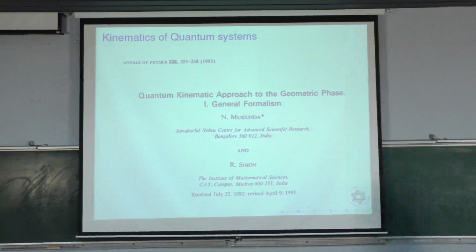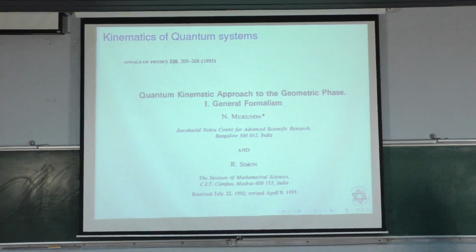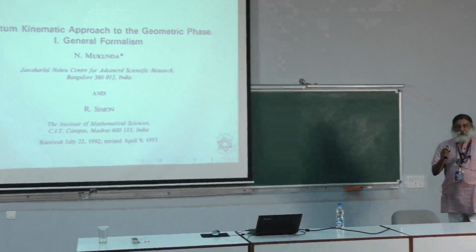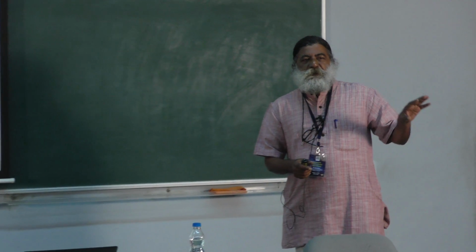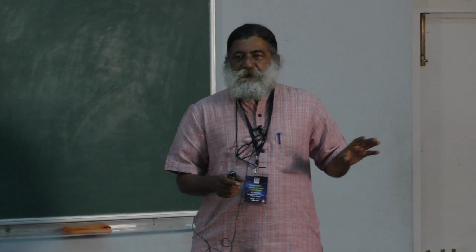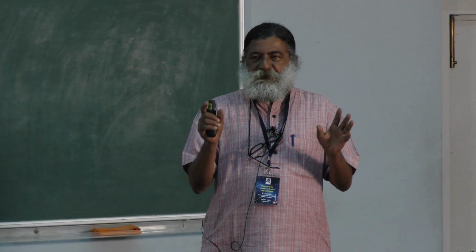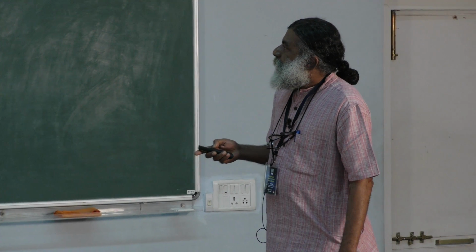According to me, when the dust settles, the most logically exposed paper is the one where they talk about this phase purely in terms of quantum kinematics. That has nothing to do with Hamiltonian time dependence, time evolution, etc., but just the structure of the Hilbert space or physical space of states at some point of time.